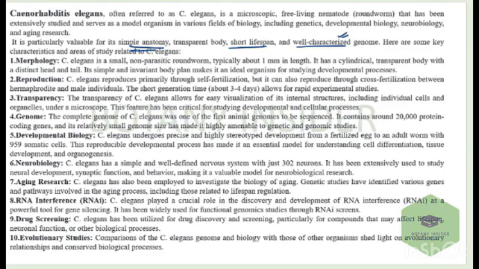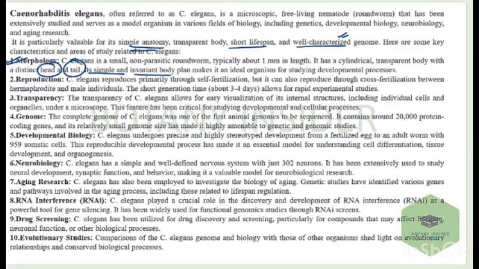That is, it has a very simple body plan. Now when we talk about its morphology, it's a small non-parasitic roundworm, typically about 1 mm in length. It has a cylindrical transparent body with a distinctive head and tail.